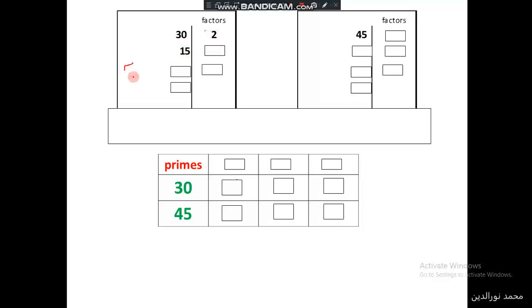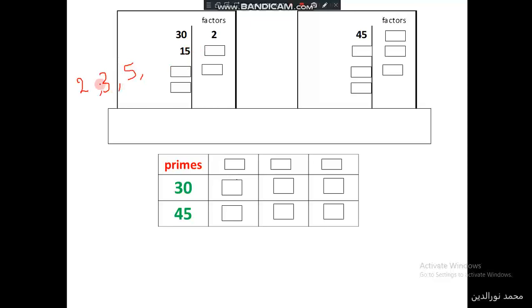But wait, we have to do the decomposition using the prime numbers in increasing order. We should not skip 3. If it's divisible by 3, we have to do it first, not division by 5. So 15 is divisible by 3. That's why we don't skip directly to 5.